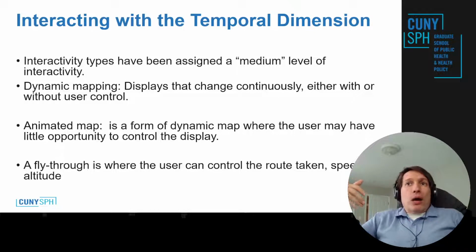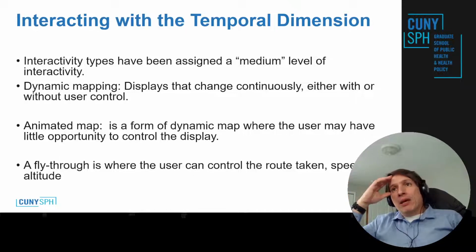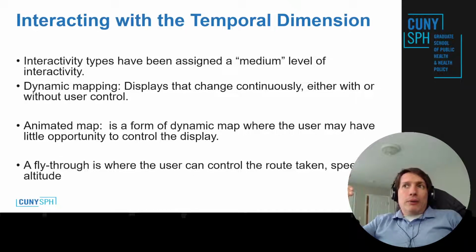We can also have an animated map. This is a type of dynamic map, but we can stop and we can continue. Basically, we add that layer of control into the mapping.